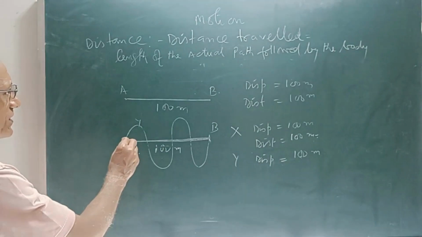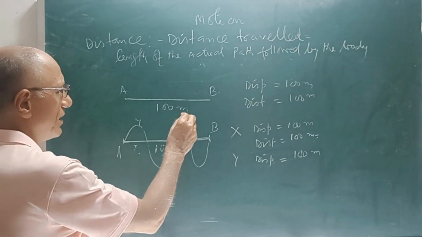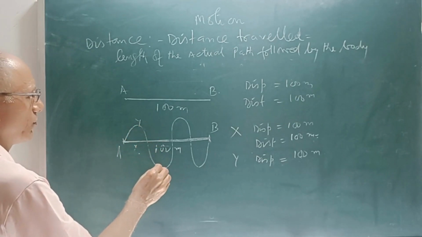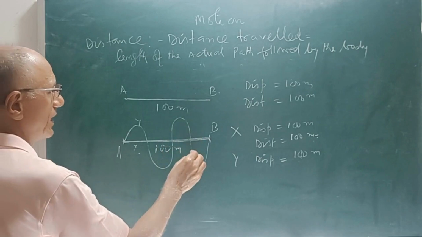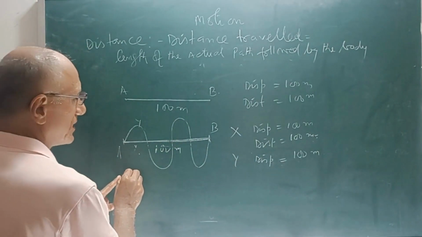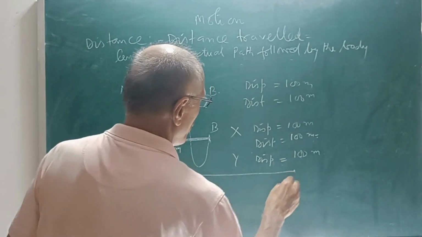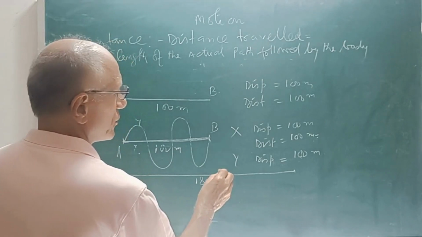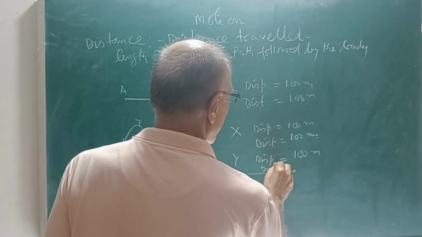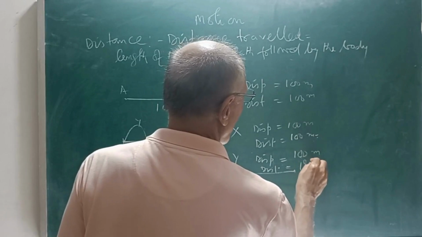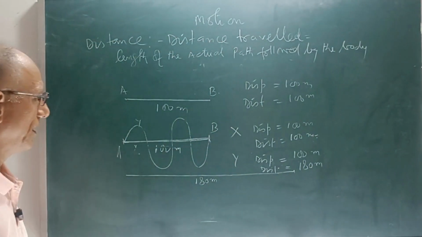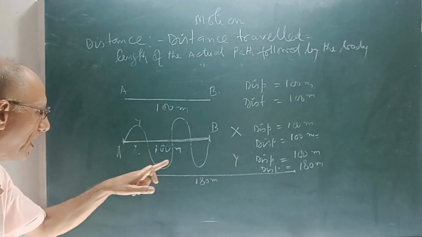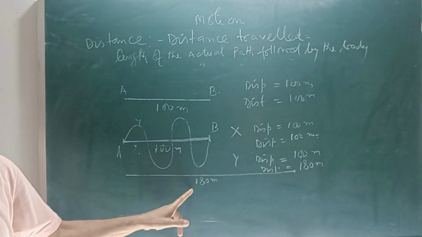So if you try to find the length of this path, you put a thread or a rope along this and then stretch it. So you will find it is, let us say, 180 meter. So the distance of y is 180 meter, the length of this path is 180 meter.